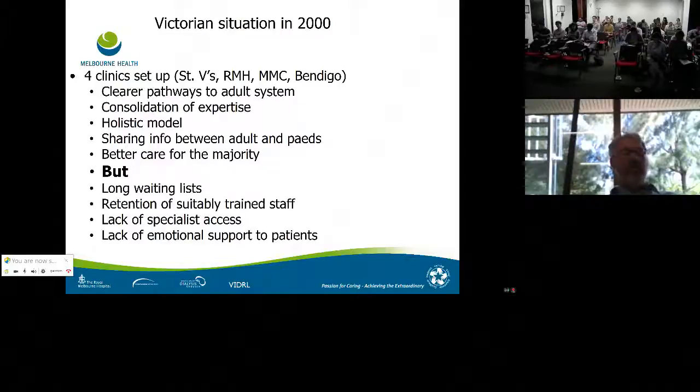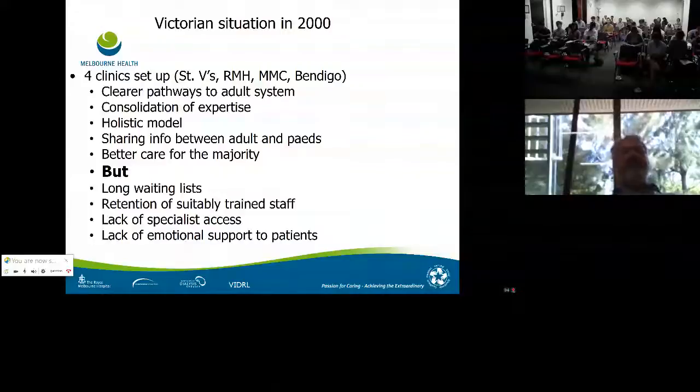There have always been some difficulties with retention of suitably trained staff, recognising there are relatively few of these. There are certainly some difficulties with specialist access to urology, neurosurgery, and orthopedics.